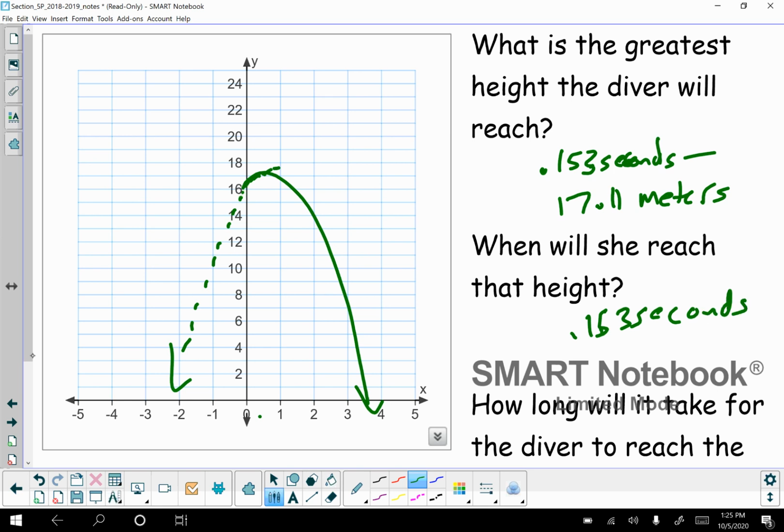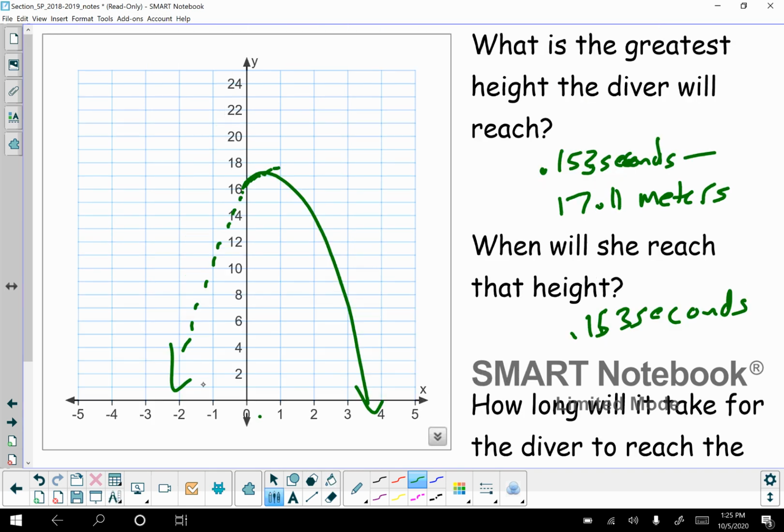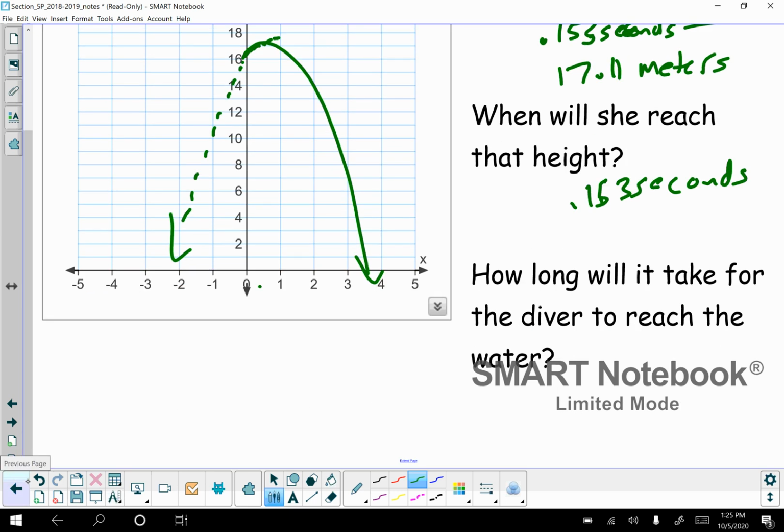And how long will it take the diver to hit the water? So I'm going to take my equation, which was negative 4.9x squared plus 1.5x plus 17.